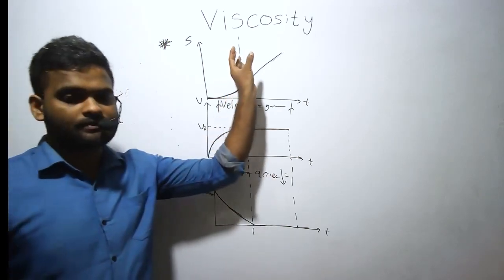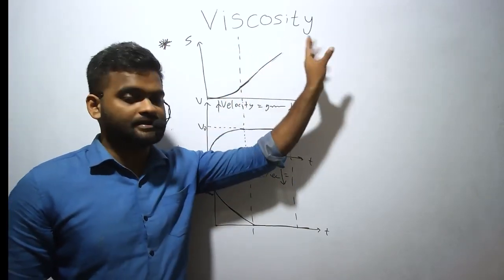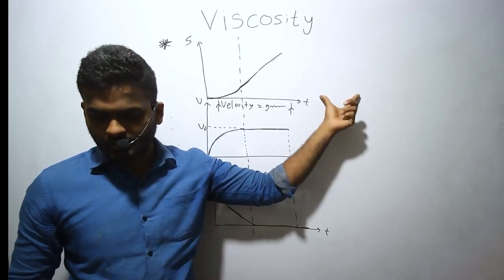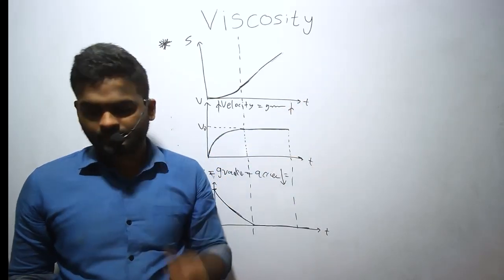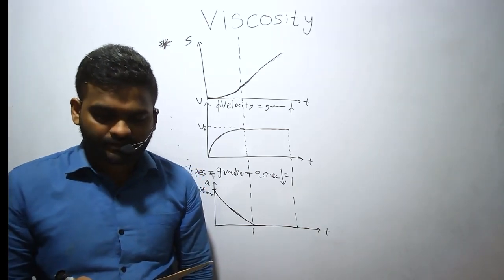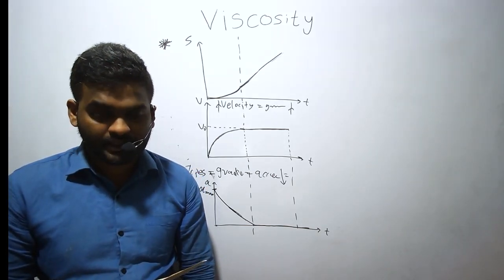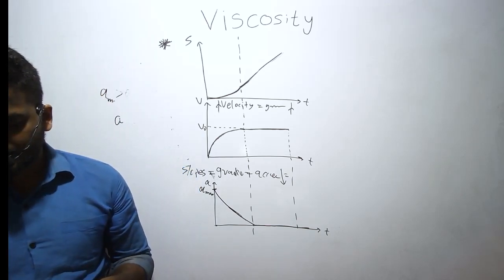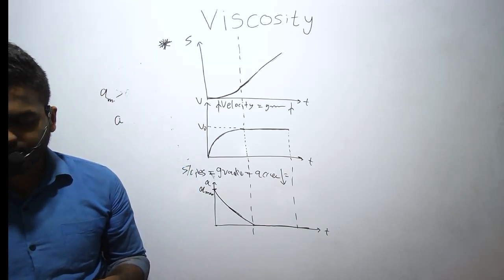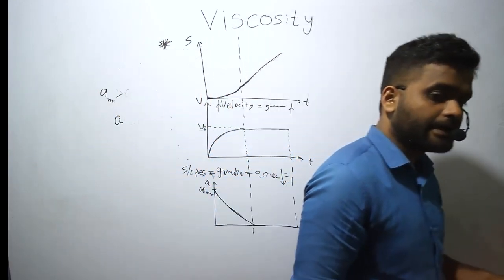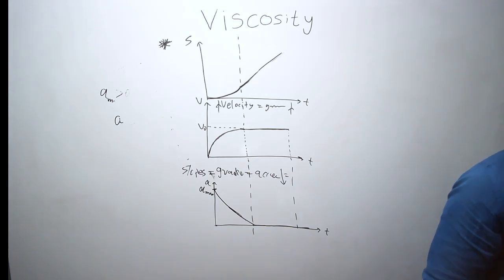In front of ST graph, write this down. Since V increases, gradient increases.